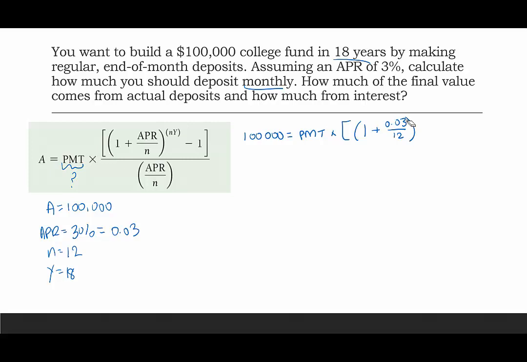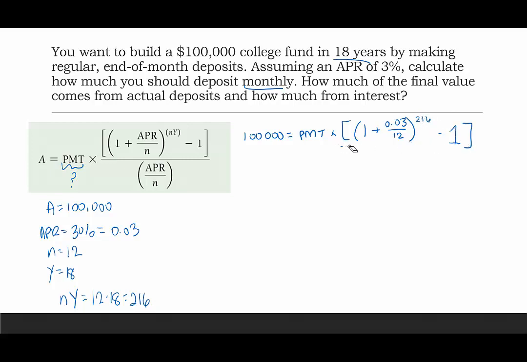One thing I like to do before I get started on plugging in, and I forgot to do it, so we're going to do it now, is create a variable. I'm going to define this n times y. So many mistakes happen if you don't do this, so get it out of the way before you plug it into the formula. n times y is 12 times 18, which is equal to 216. And then I know that this is going to be to the 216th power. We're going to avoid mistakes by doing that.